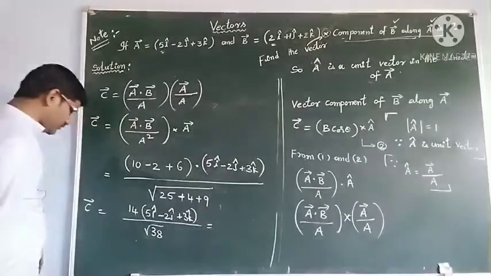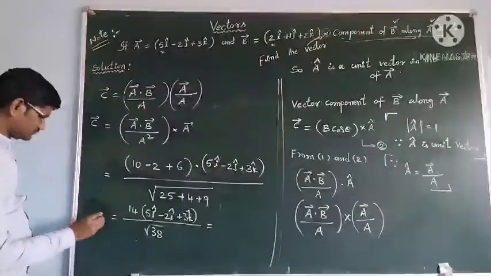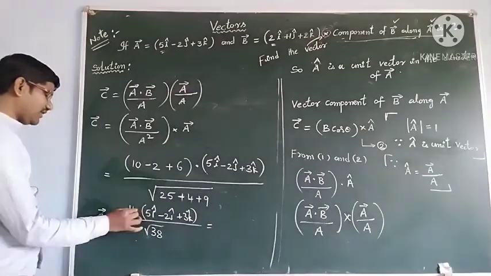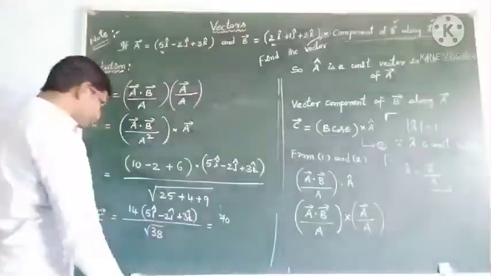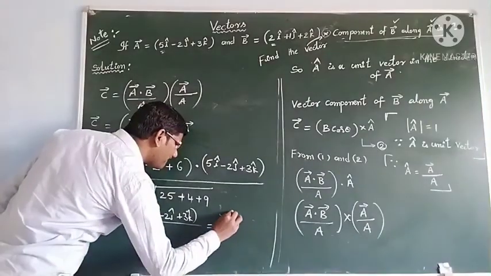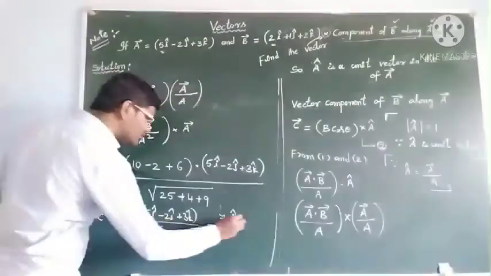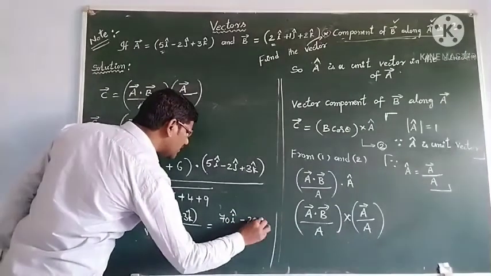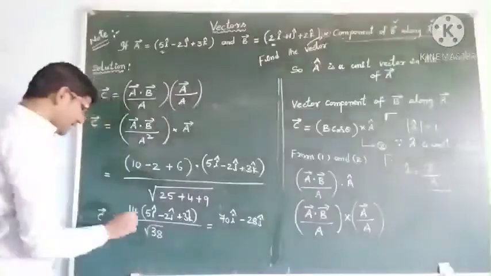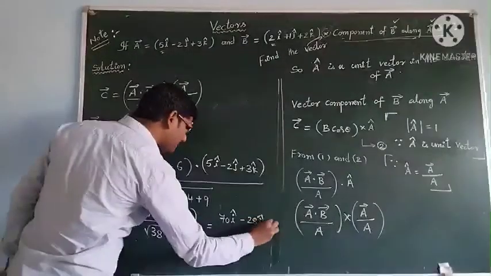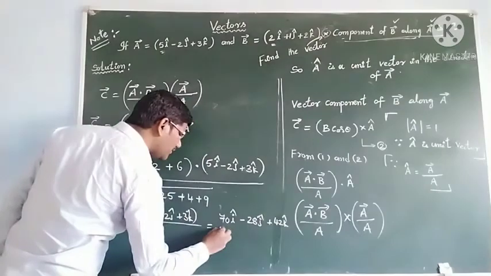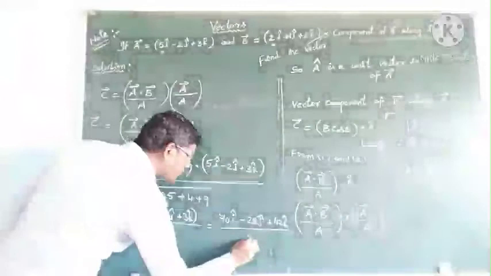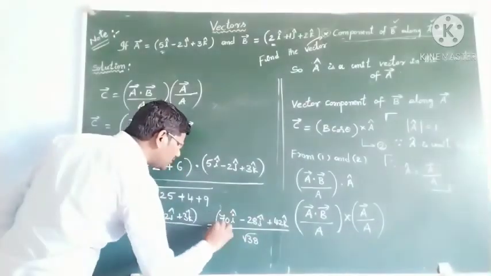So 14 5s are 70, 70 into I cap, 14 2s are 28, 28 into j cap, and 14 3s are 42, 42 into k cap, by root 38. This is the solution.